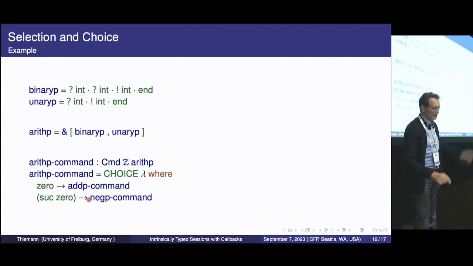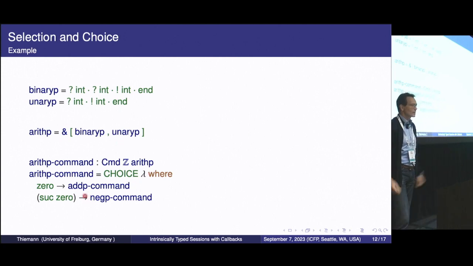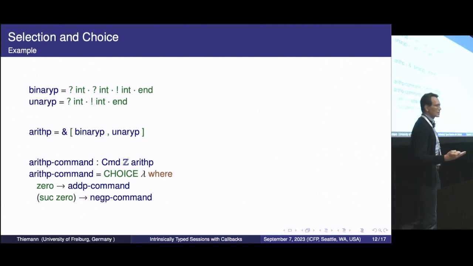Then you just use the choice, and it's really straightforward to write that code. And because the command data structure is indexed by the session type, once you have specified the session type, the programs almost write themselves.